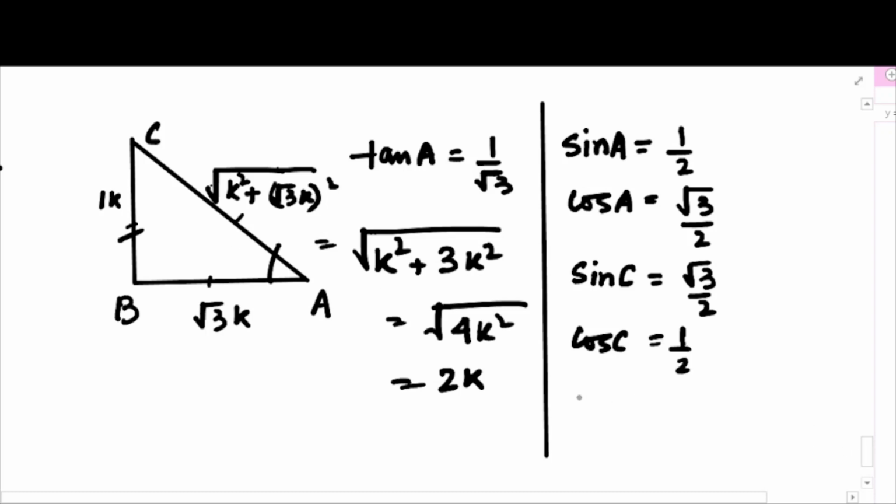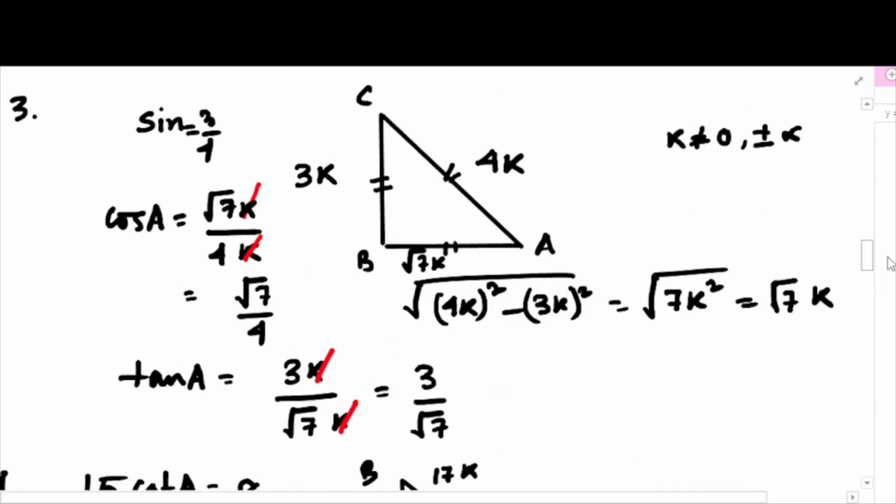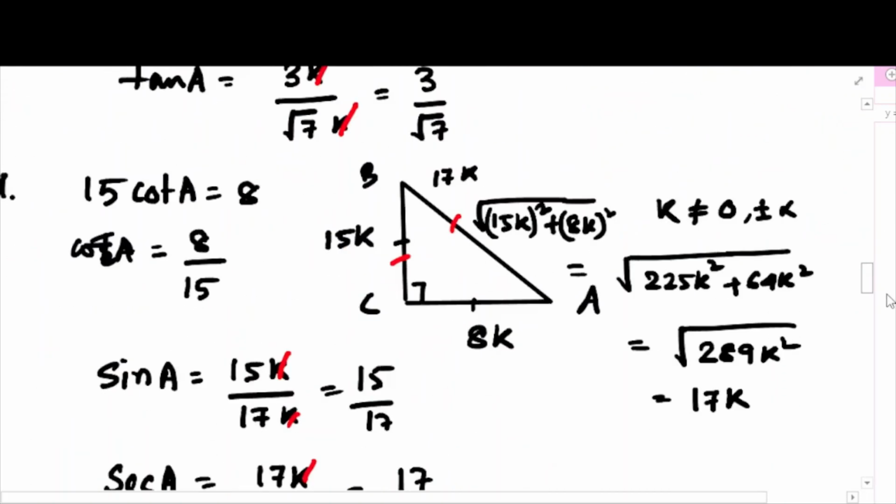Now from here, if I want to find the value of sin A cos C plus cos A sin C, and I put the value sin A equal to 1 by 2, cos C equals to 1 by 2. Was it minus or plus? Yes, it is plus.